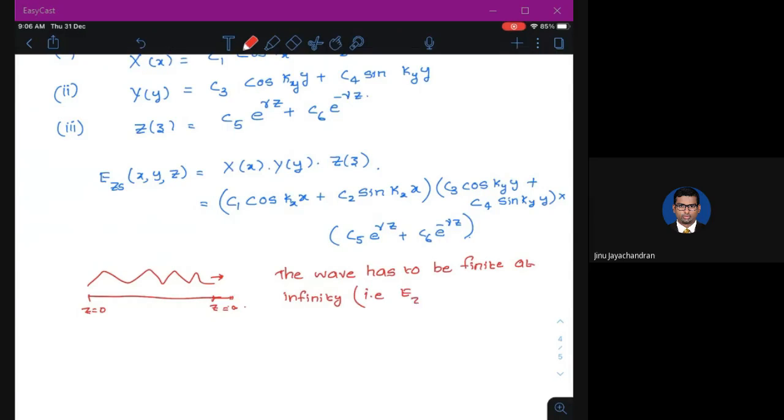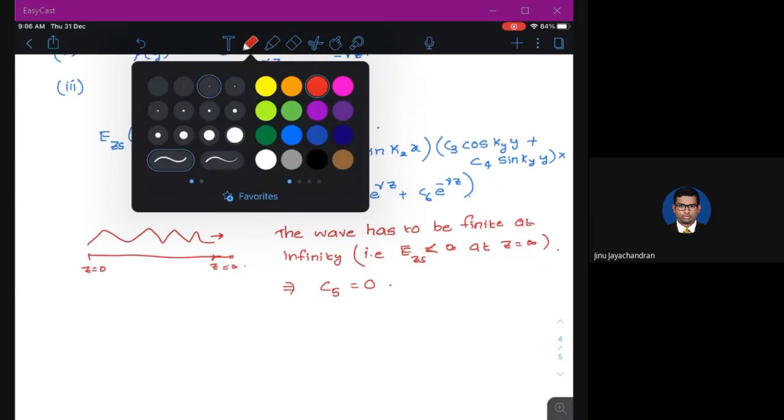That is, Ezs should be less than infinity at z equal to infinity. This implies C5 is equal to 0.